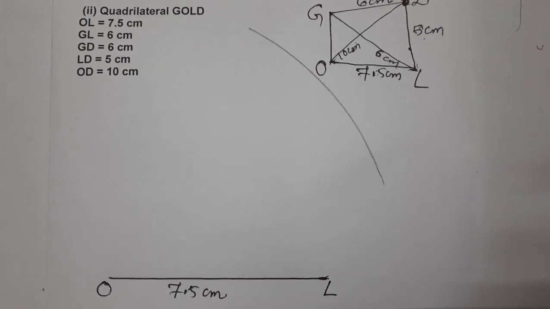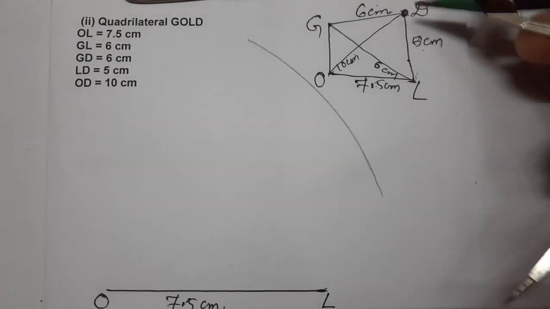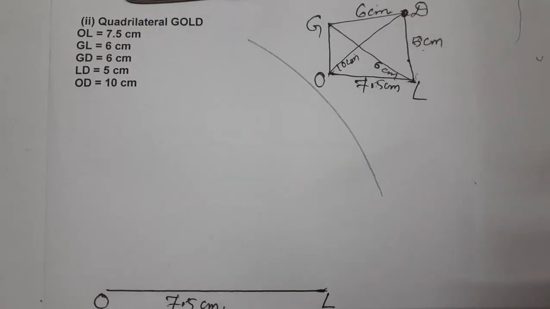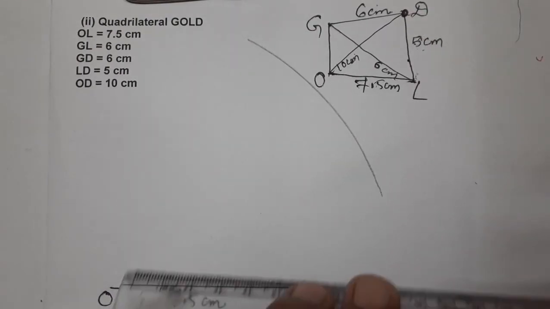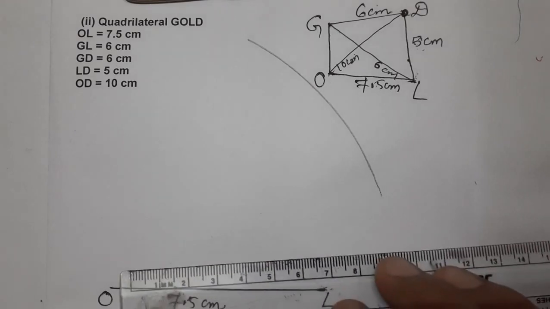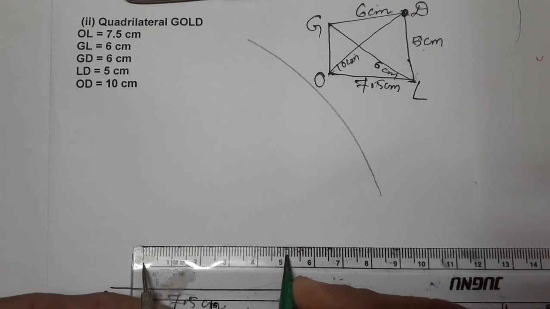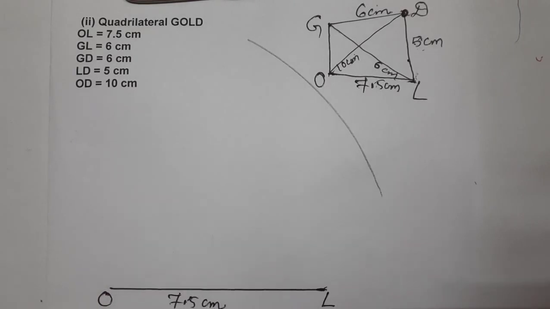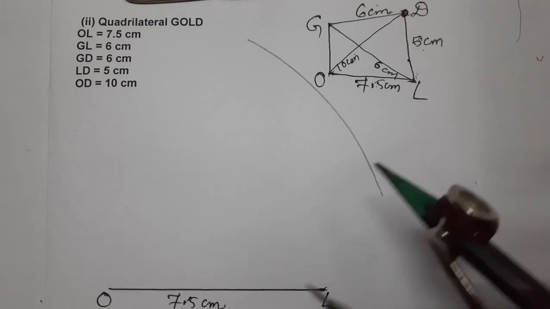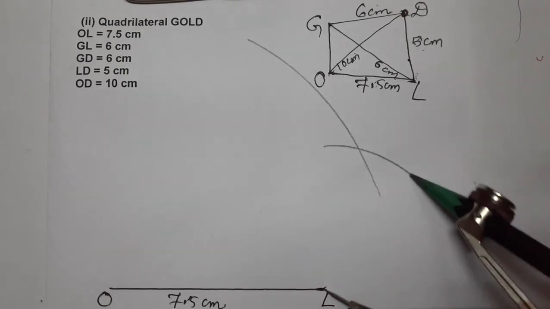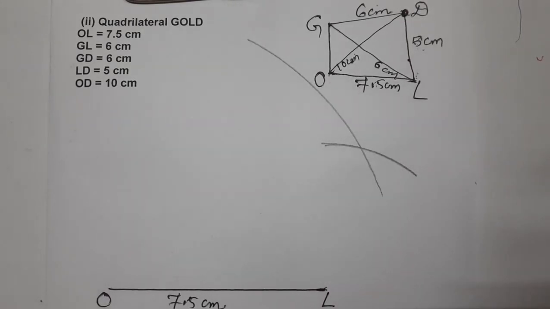Now what is next? L to D. L to D is 5 centimeter. So again draw the arc of 5 centimeter so that it intersects the previous arc. Take 5 centimeter on the ruler. This is 5 centimeter I have taken. Now from L, cut the previous arc.